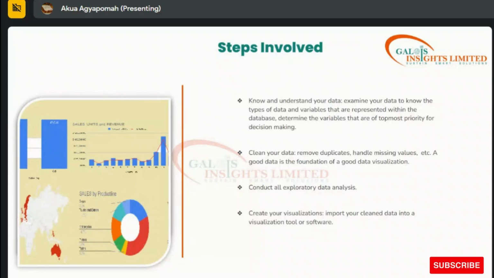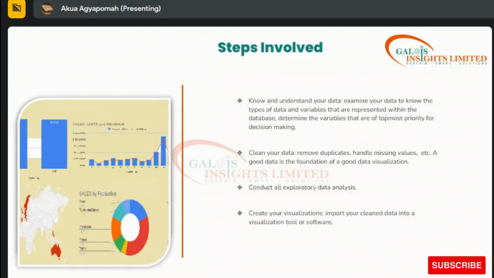The next step is you clean your data. When it comes to data visualization, it works with garbage in, garbage out. If you don't have quality data, whatever you are displaying will be garbage. I hope I'm clear. So you have to make sure that your data is clean.